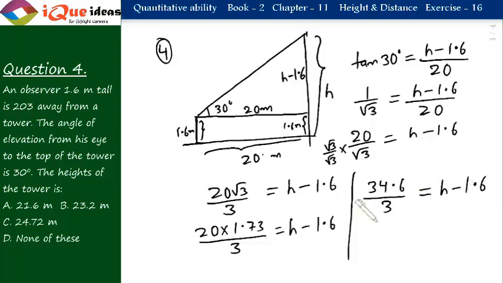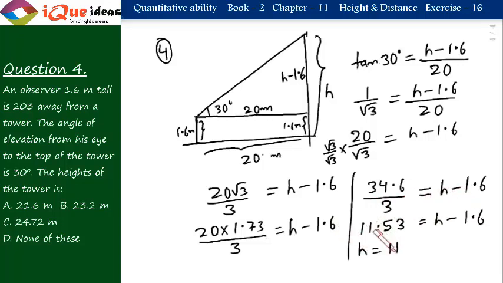Now 34.6 by 3, if you divide it by 3, you will get 11.53, which is equal to H minus 1.6.